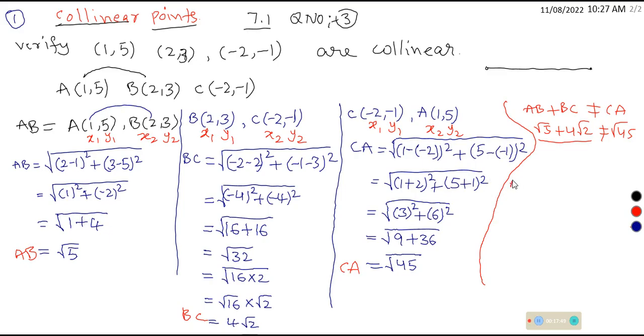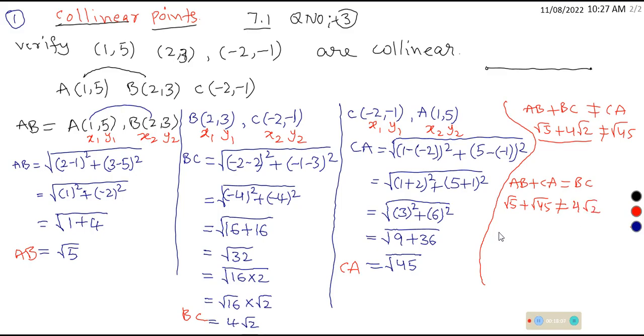What is that? AB plus CA, is it equal to BC? AB is root 5 plus root 45, it is also not equal to 4 root 2.